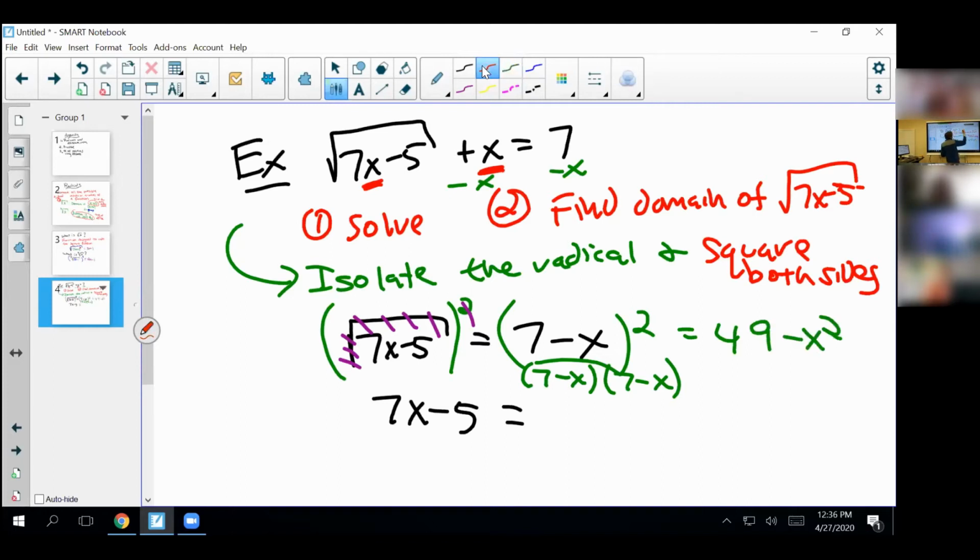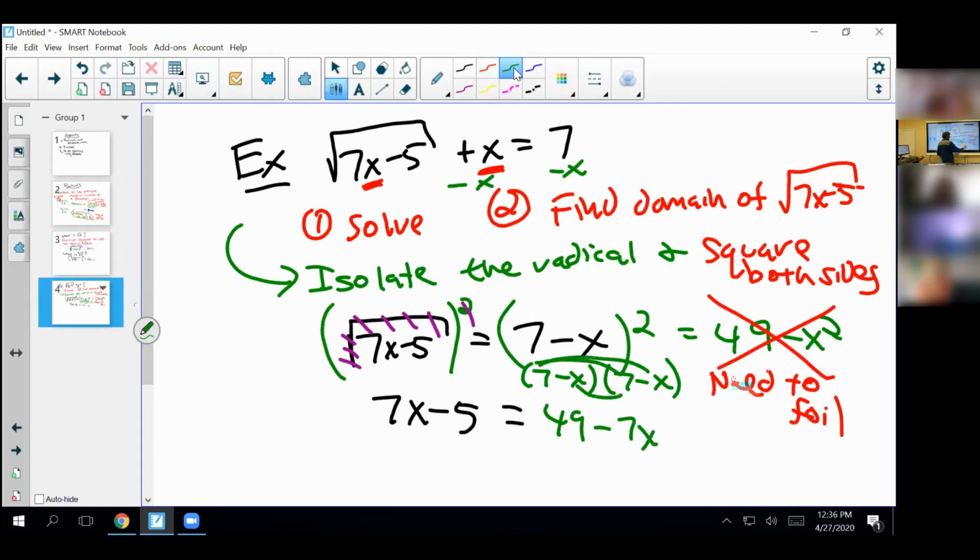But no, it's not 49 minus x squared, because you need to FOIL. Okay, with that digression out of the way, let's go ahead and FOIL it. So it's 49 minus 7x minus 7x plus x squared.